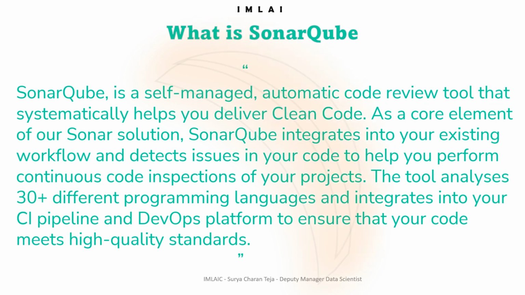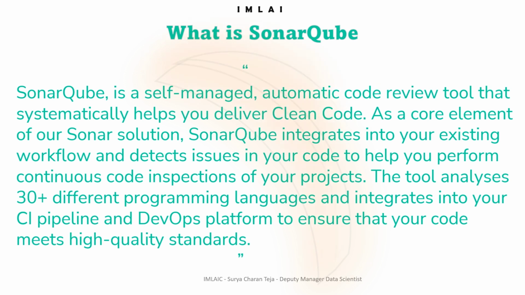In this part of the 7th module, we will focus on static code analysis with a well-known tool called SonarQube. We will provide a brief overview of it and we will install SonarQube.